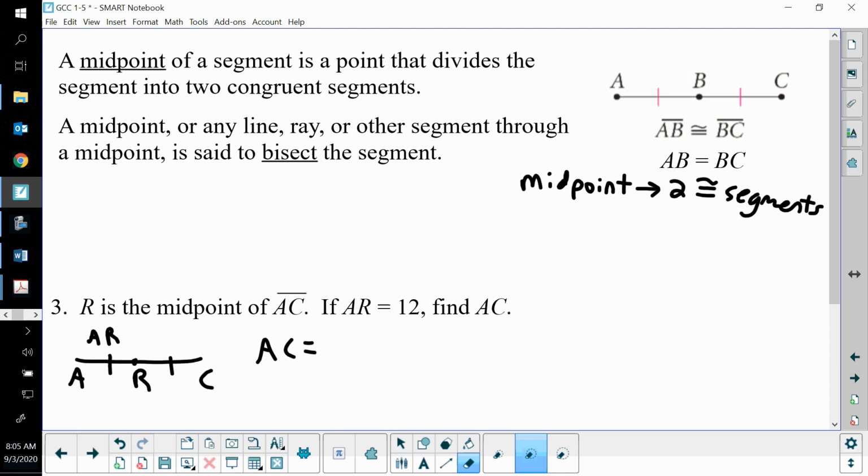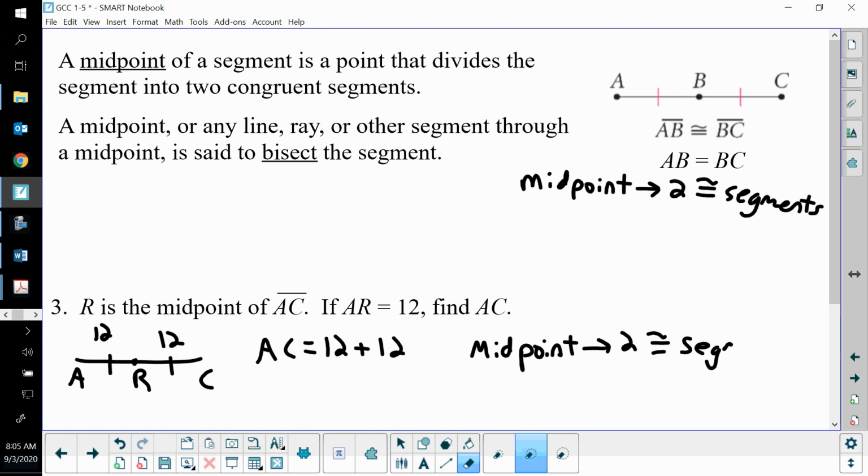Sorry, I meant to write that AR there is 12. So we have 12 plus, well, because midpoint implies two congruent segments, we know that one's 12 as well. So we would write for our geometry justification, midpoint, the arrow, which means implies, and then two congruent segments. Well, now this is pretty easy. AC just equals 24.